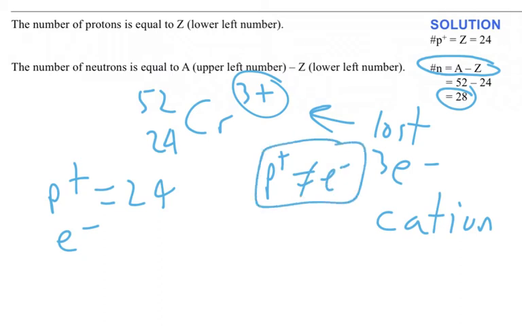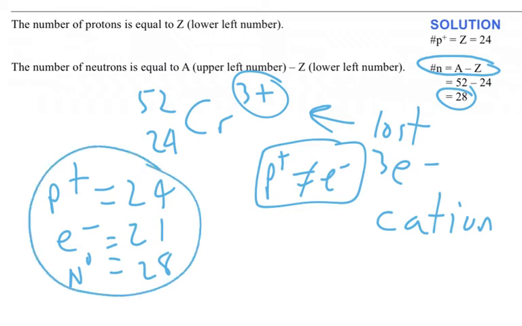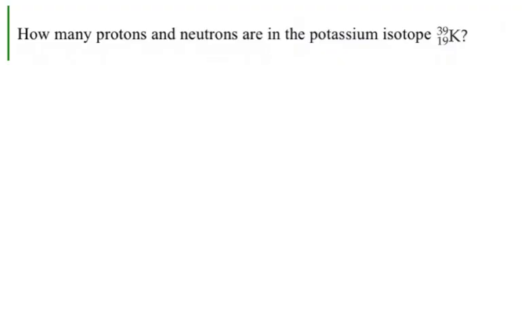So you used to have 24 electrons. You lost 3. So you're left now with 21 electrons. And the neutron number is still the same. You do 52 minus 24, which is 28. So notice how the electron number changes when there's a charge. Okay?